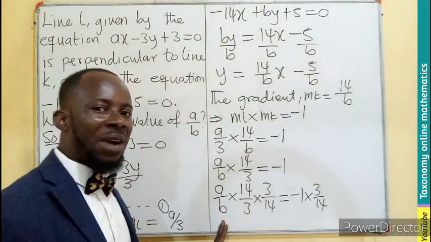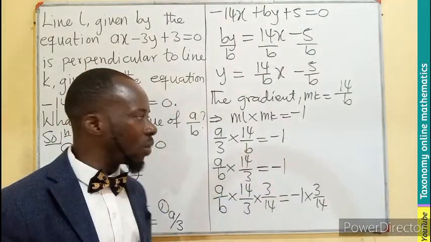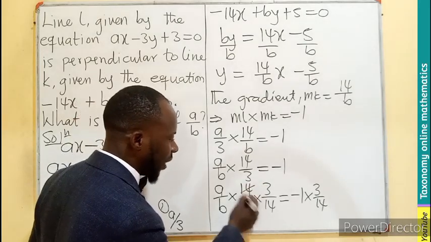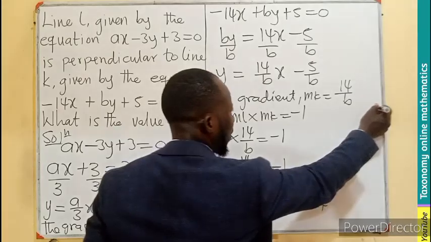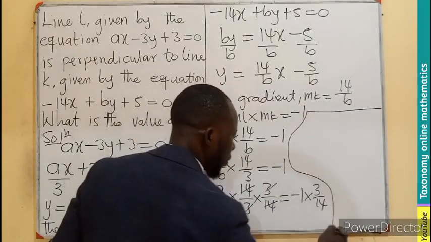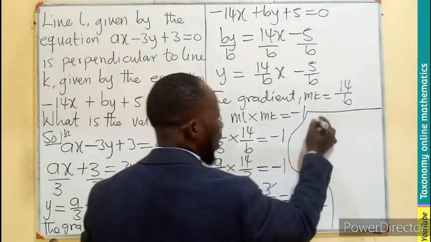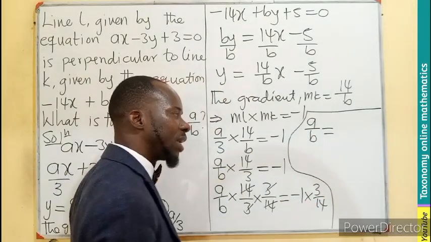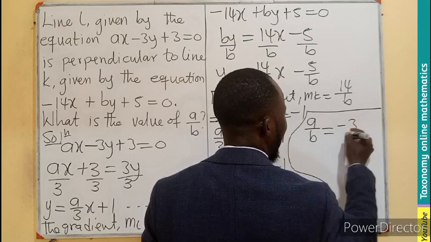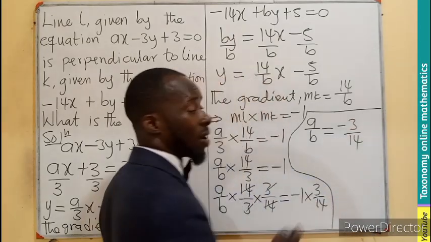Whatever happens to the left hand side must happen to the right also. So you can see that 14 will cancel 14, 3 will cancel 3. Then that simply means that the value of a over b will be equal to minus 1 times 3 over 14, giving minus 3 over 14.